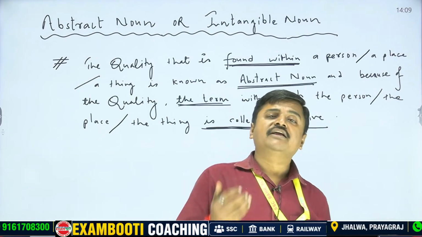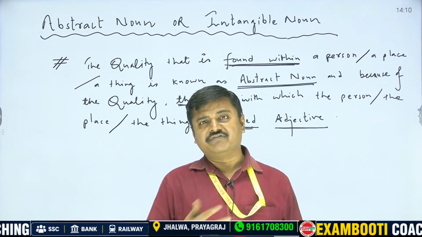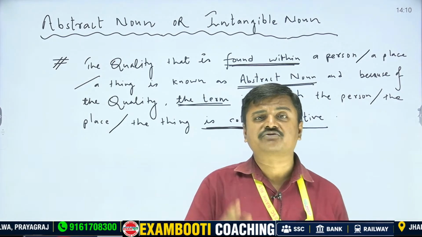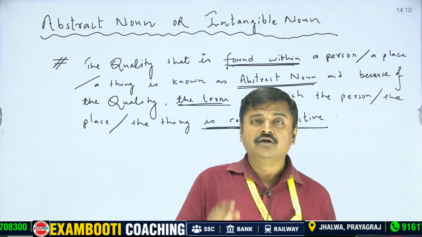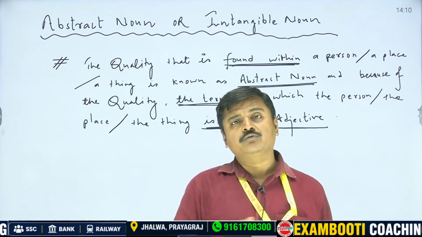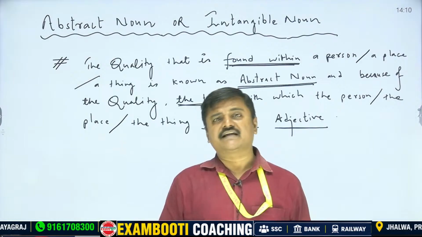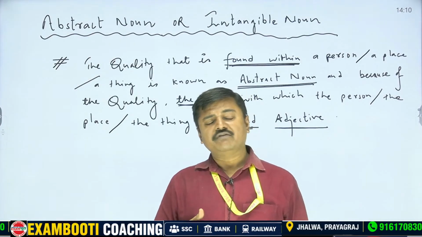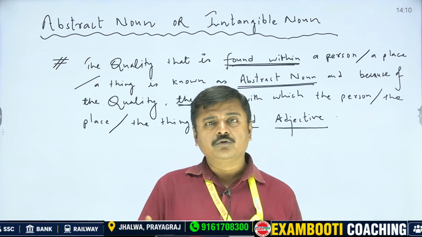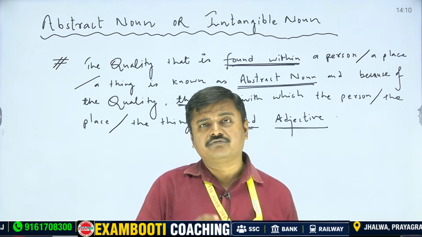Because if I give you 5 nouns, all different types of nouns, then you can identify an abstract noun very easily, because all the remaining four words are from different nouns, and those nouns are very easy to understand. So you can very easily identify a noun when given 4 different nouns, and an abstract noun is just mixed up with those 4 words.